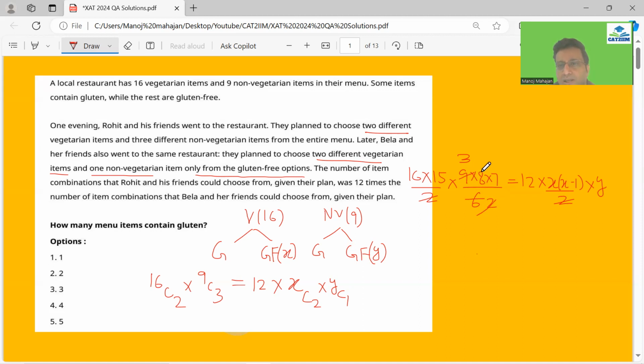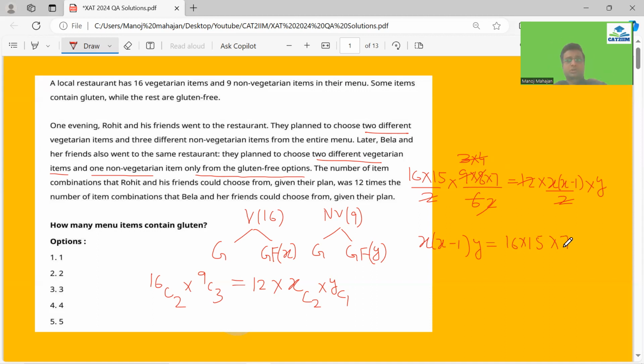This 2 I can again cancel out with 8 out here, so that becomes 4. So 3 into 4 is 12, and this 12 I can cancel out with this. So ultimately what I have is X into X minus 1 into Y is equal to 16 into 15 into 7.